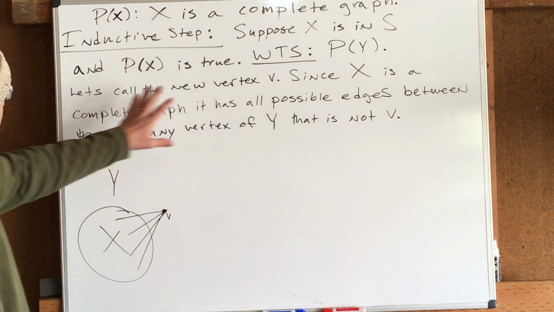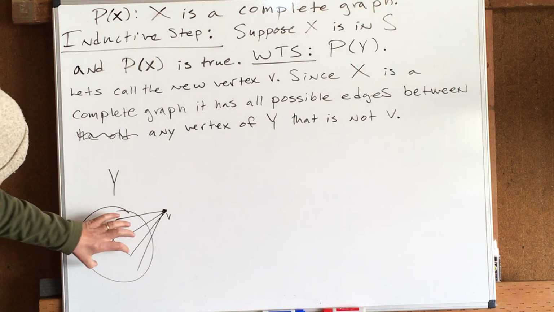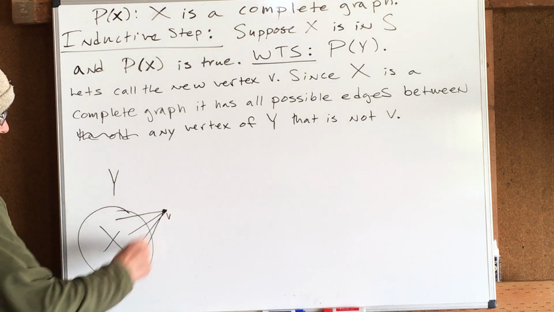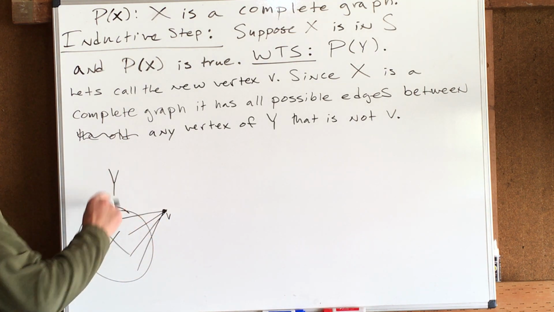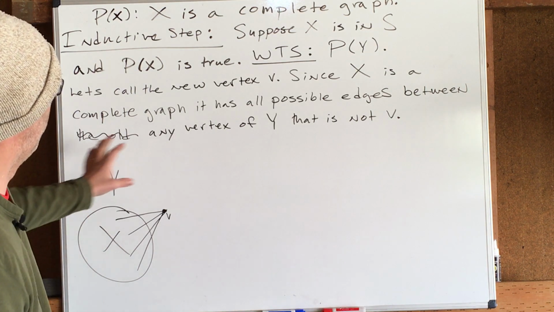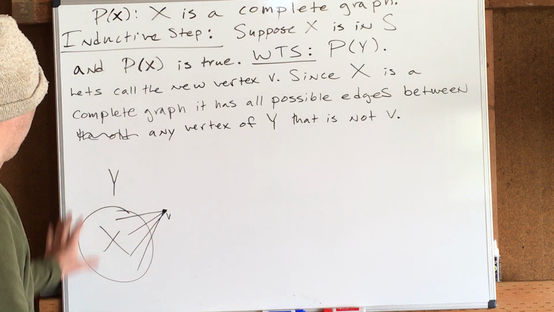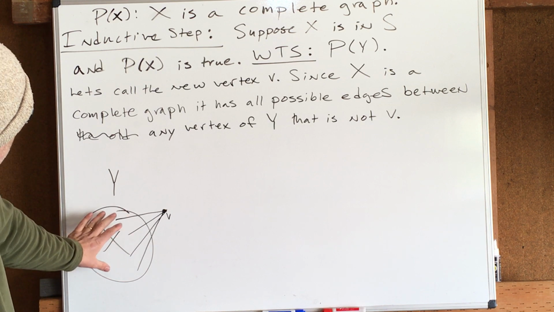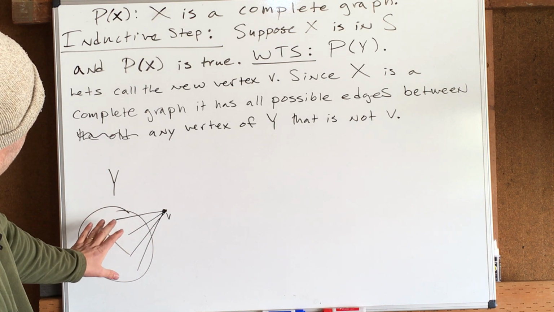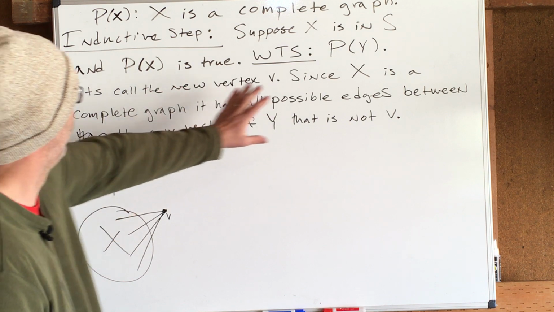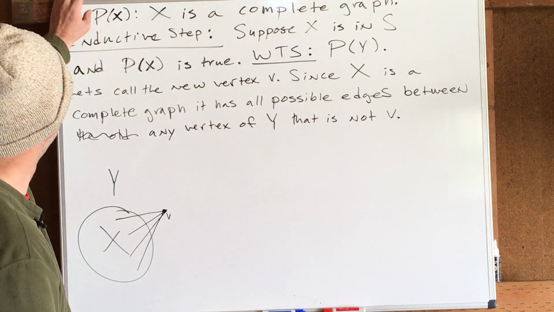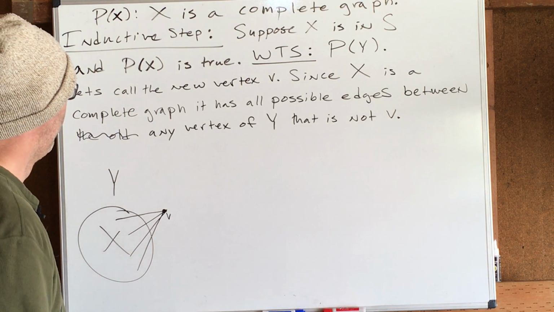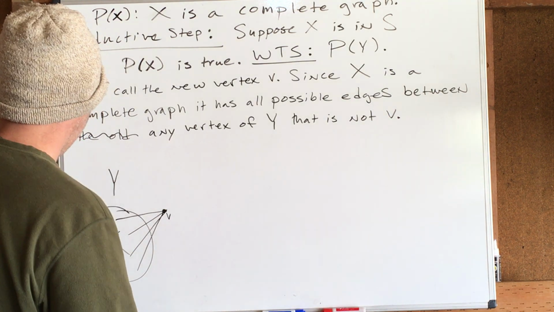Since x is a complete graph, we know that inside x, without thinking about these new edges that we've added to create y, all of those possible edges are there. That's using the inductive assumption P of x, that x is a complete graph in and of itself.